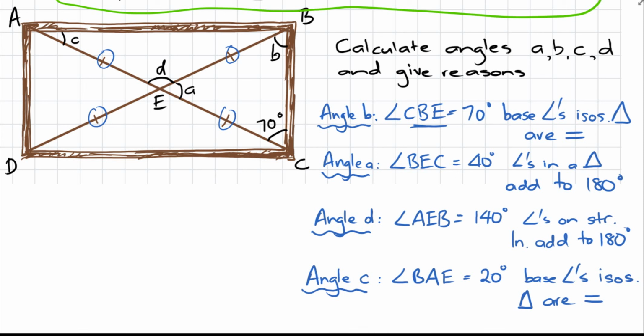And then we also have right angles. So this is our fence gate. So we've got 4 right angles there.